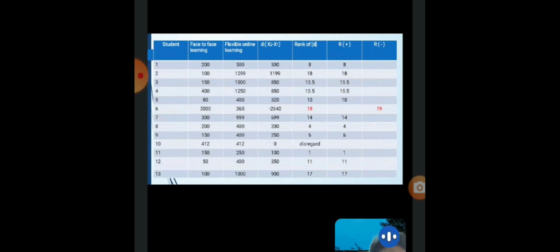Ang R negative naman po natin is 19. Ngayon po ang N is equals to 19. The summation of R positive equals to 169. And the summation of R negative is equals to 19.